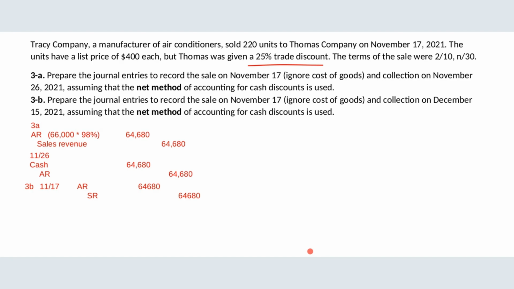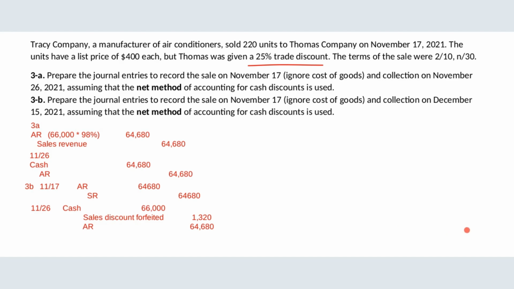We still have to credit the AR for the 64,680 because otherwise we're not going to zero it out, and we want to zero it out. So that means that we are going to credit sales discount forfeited of 1,320.